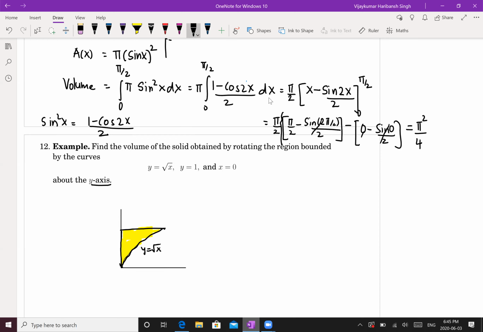So the shape will look more or less like this. Okay, so now you are going to cut a cross section in y-axis. So a cross section in y-axis will look like this.